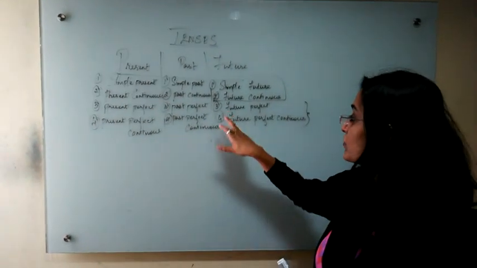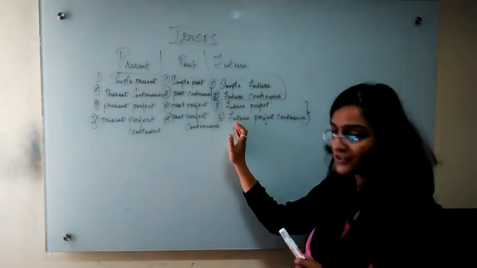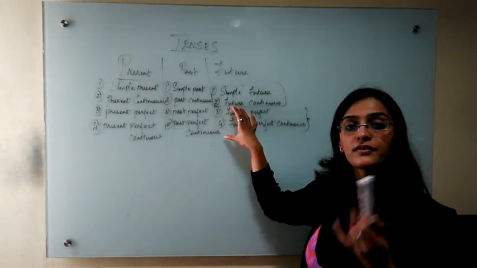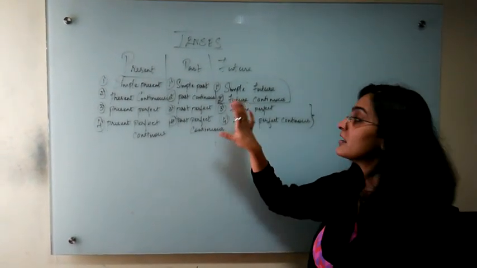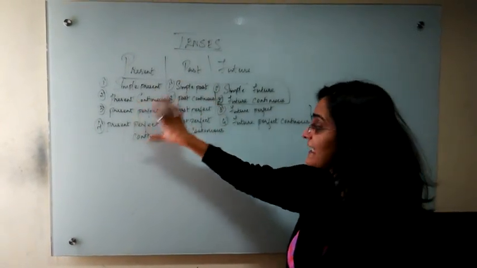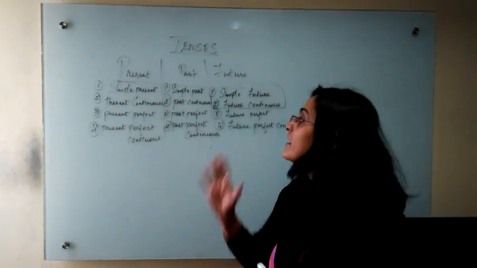For example, in future tense, we don't generally use future perfect and future perfect continuous. Yes, in grammar we do have these concepts and they will be taught to you, but only for the grammar part, not for daily spoken English. All the other remaining tenses are very important to use when we communicate with others.